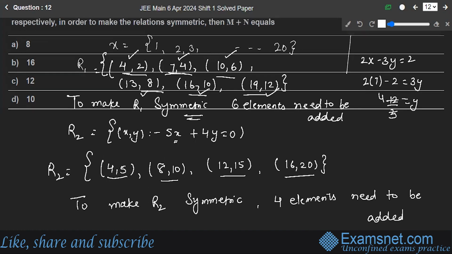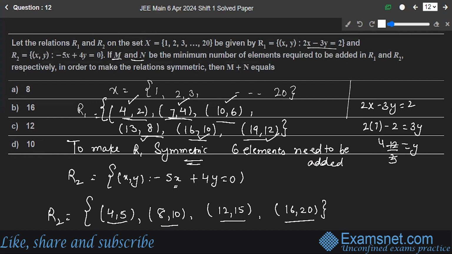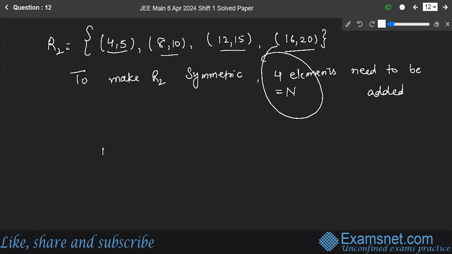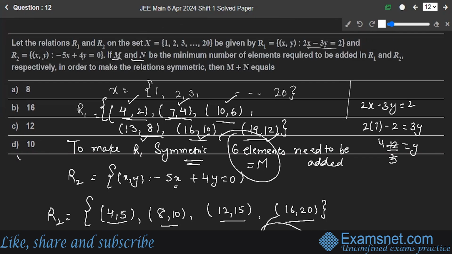So in the question, it is said that this is represented by M and N. So this 6 is equal to your M and this 4 is equal to your N. You have to find M plus N, that's 10. So here the D option is the right answer. Hope you got that. Let's move to the next question.